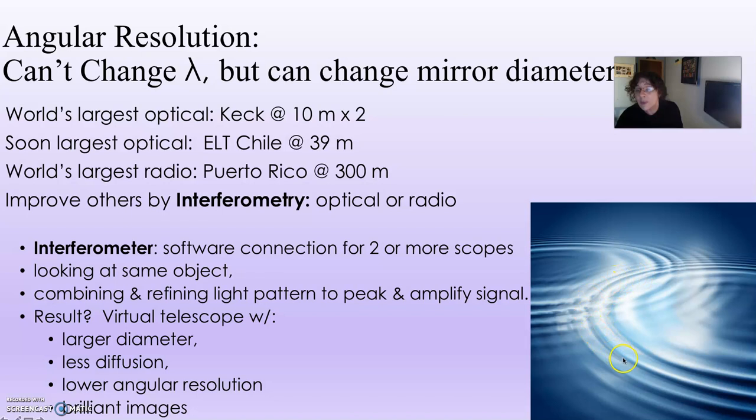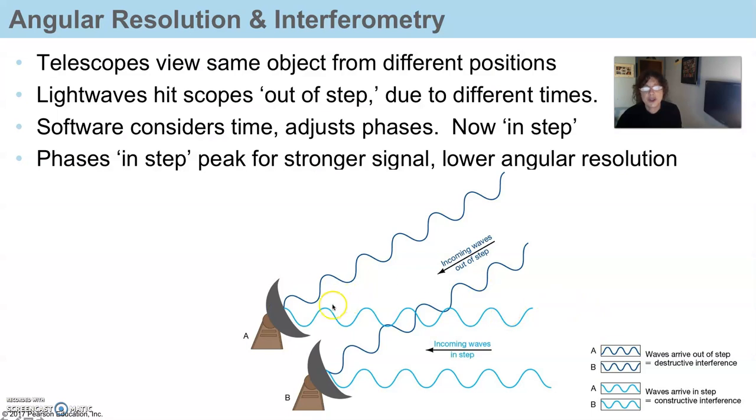In reinforcing the wave, you can increase your power of that wave and increase the effective diameter of the telescope. The result is that you effectively create a larger diameter for your telescope with less diffusion, because the diffusion again is going to be around the fringe outer areas, and you get a lower angular resolution out of this. Really brilliant images.